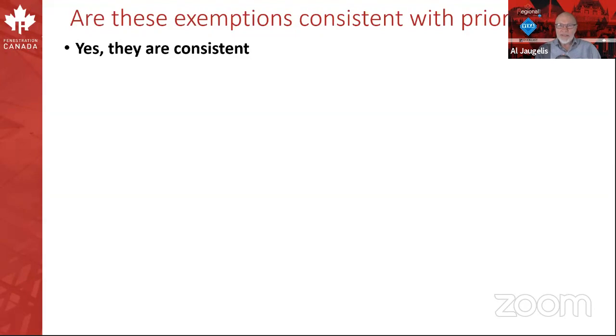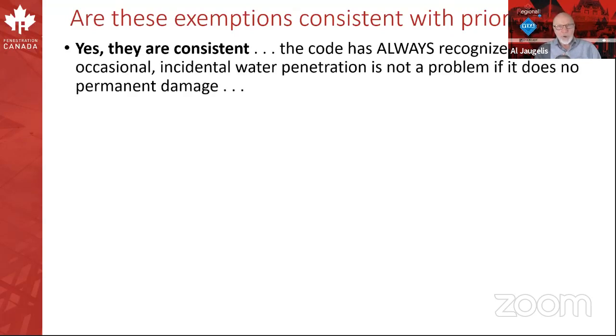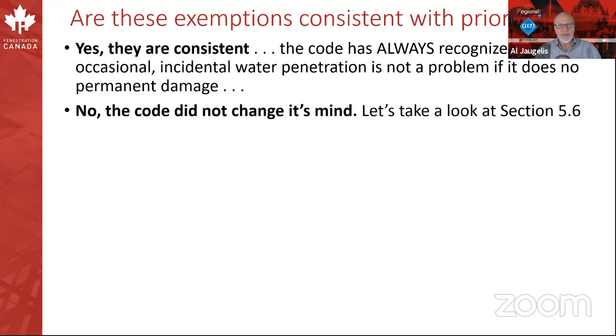So, are these exemptions consistent with prior codes? Has the code changed its mind? Has the code somehow gone nuts here? No. The code has always recognized that occasional incidental water penetration is not a problem if it doesn't do any permanent damage.